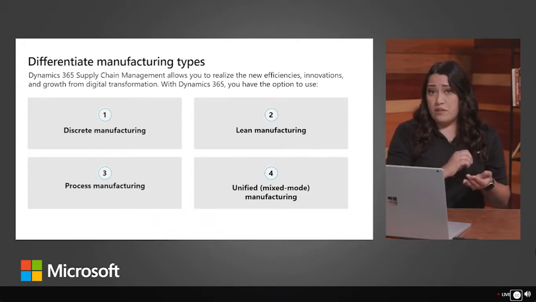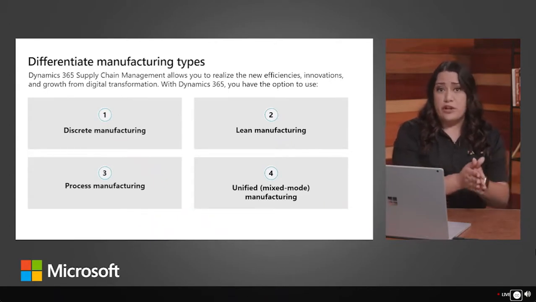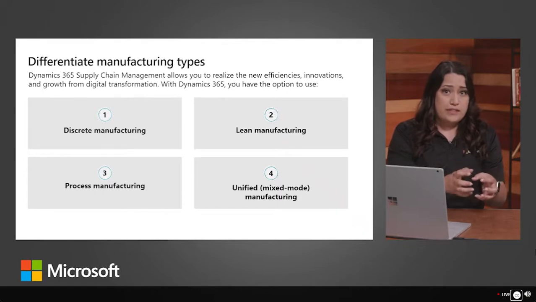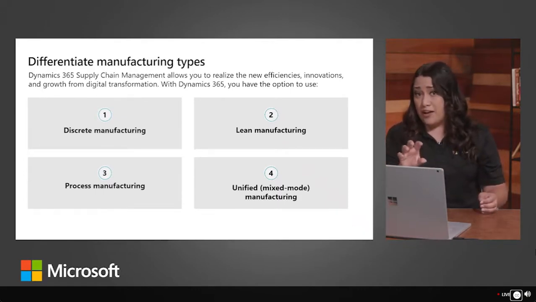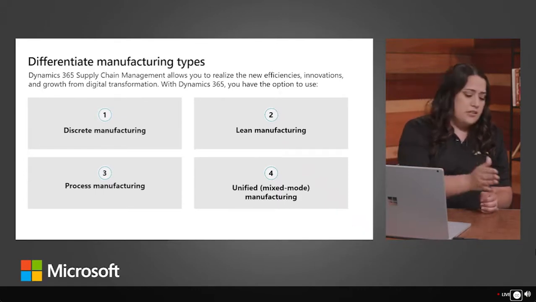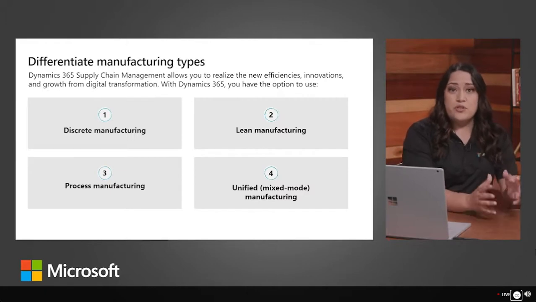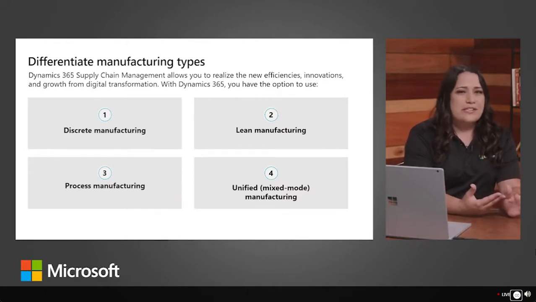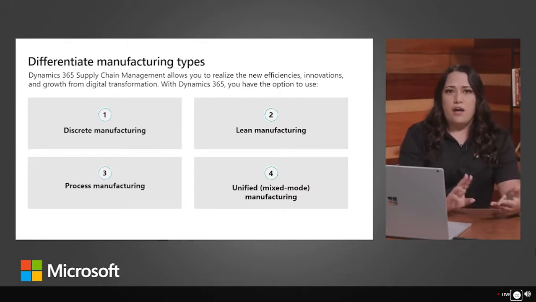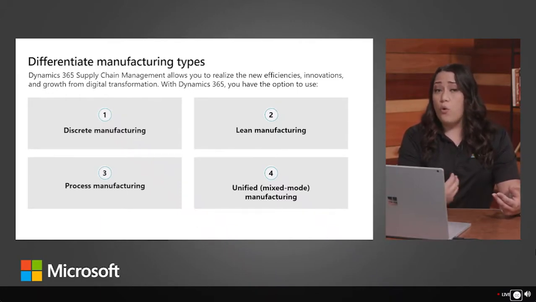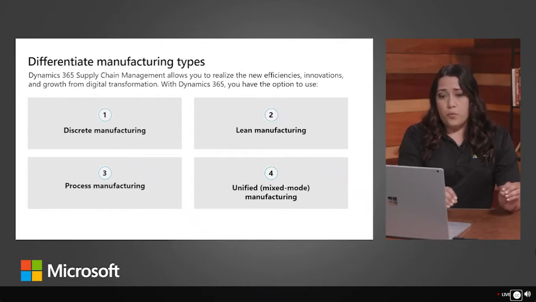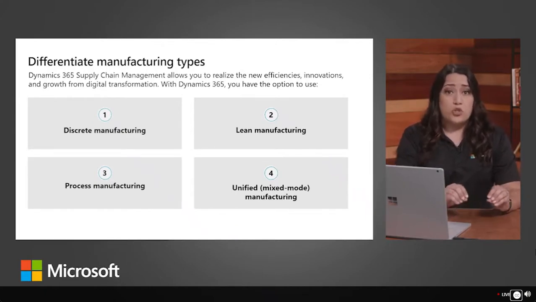Now, discrete manufacturing creates products that are differentiated by individual units, where process manufacturing does not. Discrete manufacturing produces individual units like smartphones, where process manufacturing is creating things like salt, oil, or water if you wanted. So it's important that you keep those 2 separate.